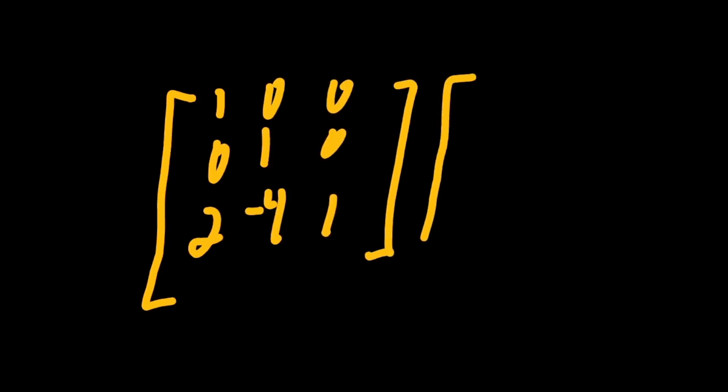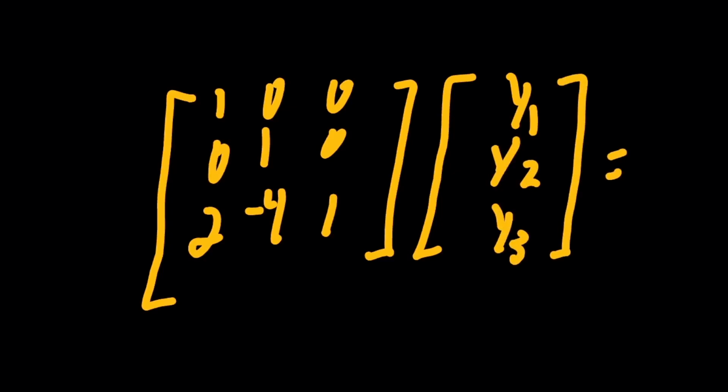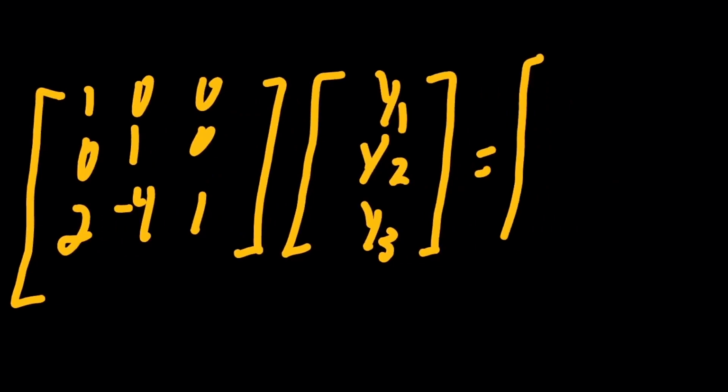So we have 1, 0, 2, 0, 1, -4, 0, 0, 1 times our subscripts of y, which is equal to -5, -1, -20.